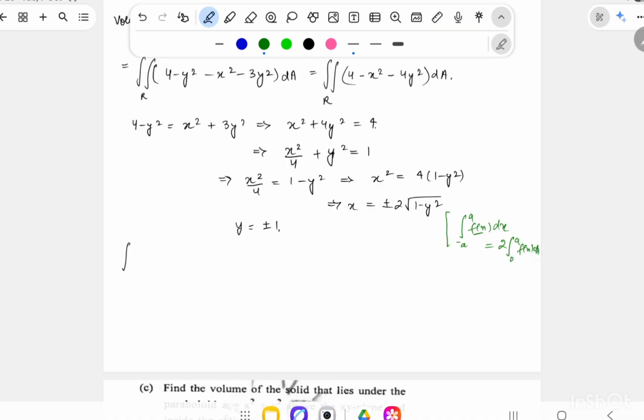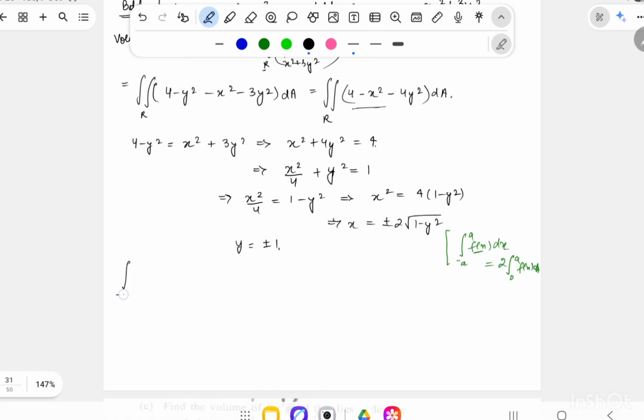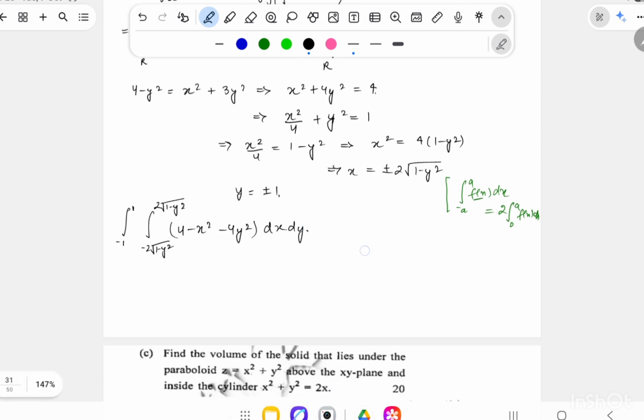The function we have inside the integration sign is an even function, so the volume is minus 1 to 1, and x varies from minus 2 under root 1 minus y square to 2 under root 1 minus y square, of 4 minus x square minus 4y square dx dy. So it is the same as 4 times integration from 0 to 1 and integration from 0 to 2 under root 1 minus y square, 4 minus x square minus 4y square dx dy.